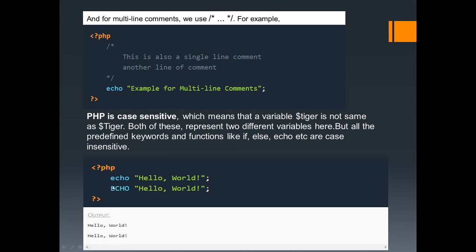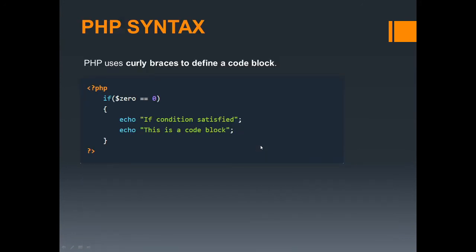So these are okay even in capital letters since they are insensitive. So let's proceed. PHP syntax. PHP uses curly braces to define a block of code. So if you use if, you also use curly braces to open and close and define a block of code.